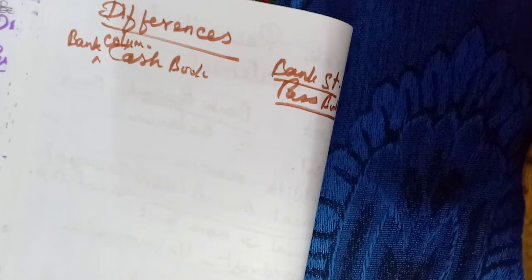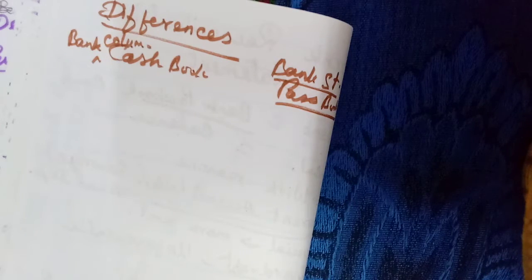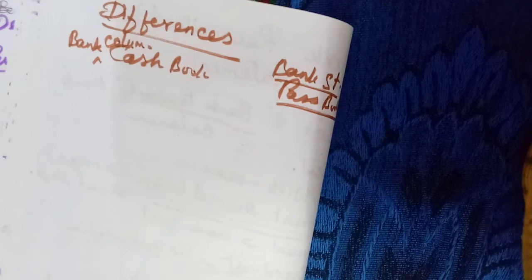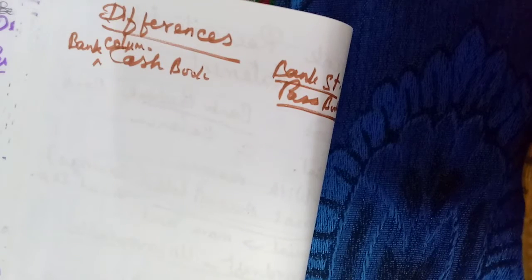Then collections or payments made by the bank on our instruction, you should also know that. Bank collections can be a dividend received from some companies, or payments such as an electricity bill or insurance premium, which the bank can do as per the instructions of the customer.